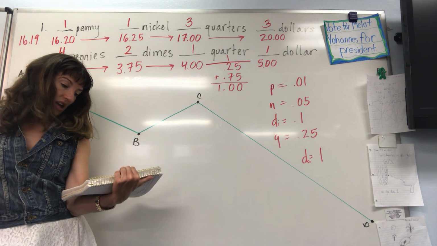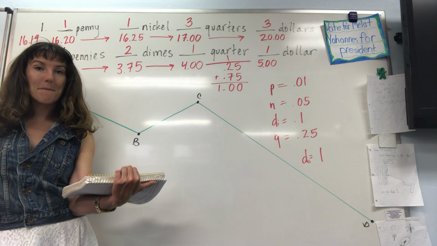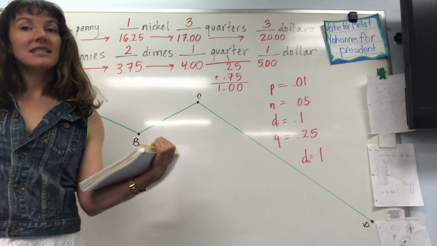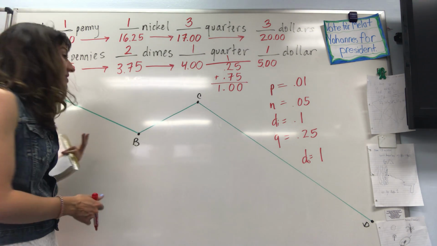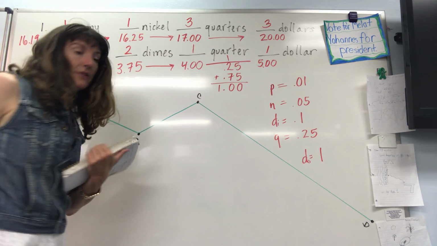This scale drawing says 1 inch equals 500 miles, okay? I did my scale drawing in feet, so this one is 1 foot equals 500 miles.